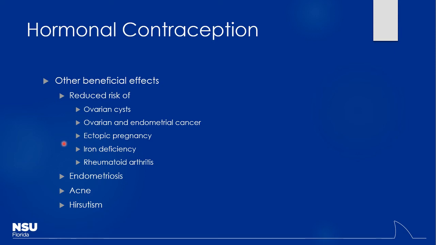They'll include iron. Even in the placebo pills, there may be still some iron in there because, especially patients with heavy bleeding, it's important to make sure their iron stores are being kept up. Rheumatoid arthritis interestingly has a reduced risk there. I don't know the mechanism for that, but it's interesting to know anyway. And then, as I mentioned, endometriosis, acne, hirsutism, all these may benefit, or in some cases may be worsened depending on the product you're using for those patients.